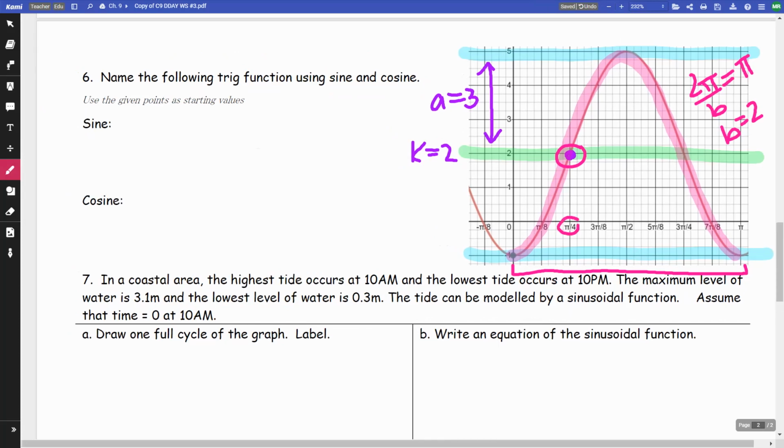So my sine is going to be y is equal to, and I'm going up first as a +3 sine. My b is a 2.